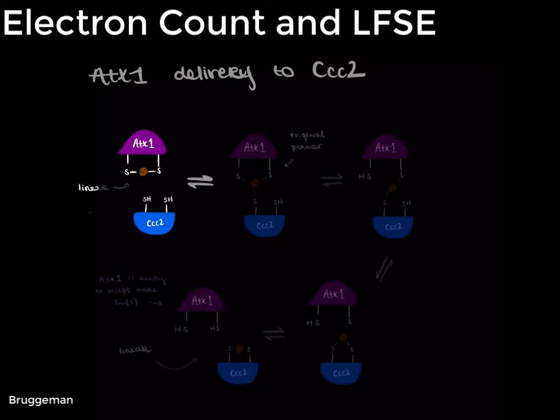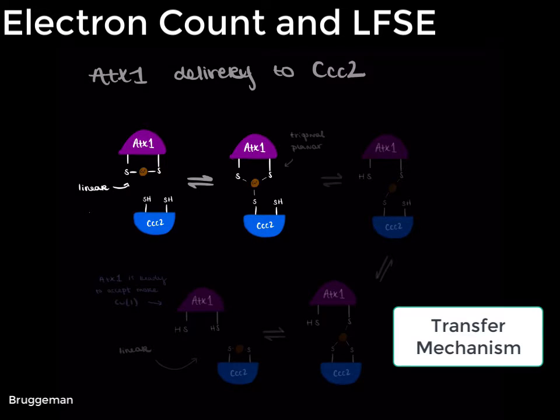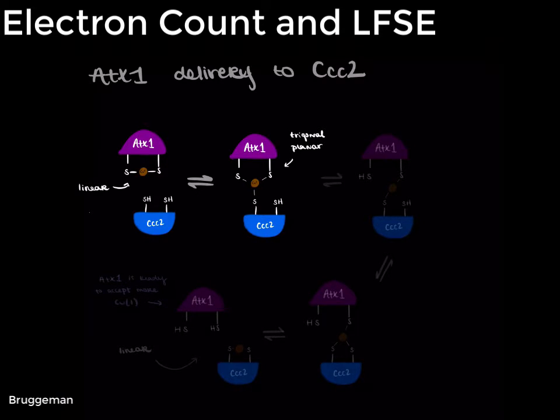The zero ligand field stabilization energy of copper-1 also assists in the transfer mechanism from the copper chaperone to another protein, such as CCC2. During the docking and transfer process to CCC2, copper forms an additional bond with an adjacent cysteine residue of the CCC2 protein before breaking any initial bonds with ATX1.